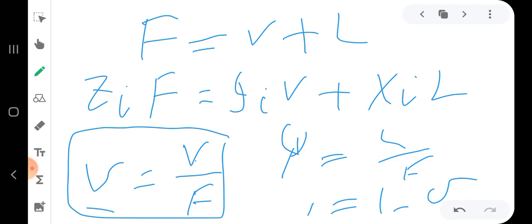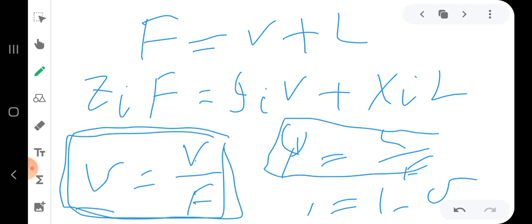So if we have, for example, 60% vapor, this means that we have 40% liquid in our system. This is just a new definition that we introduced to simplify the equation.